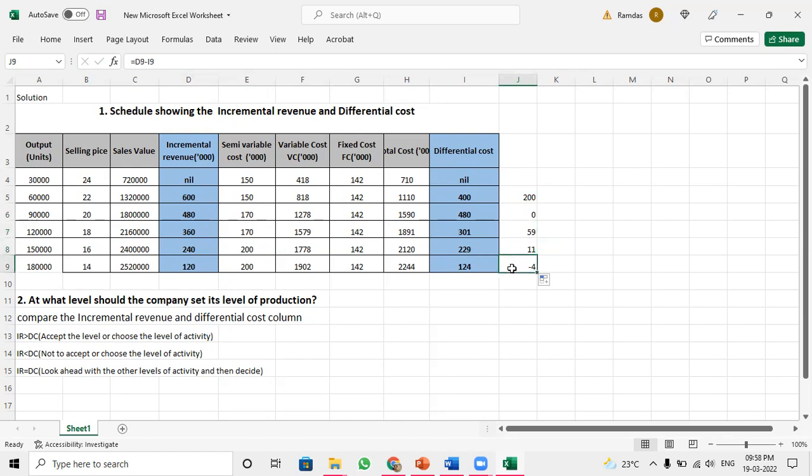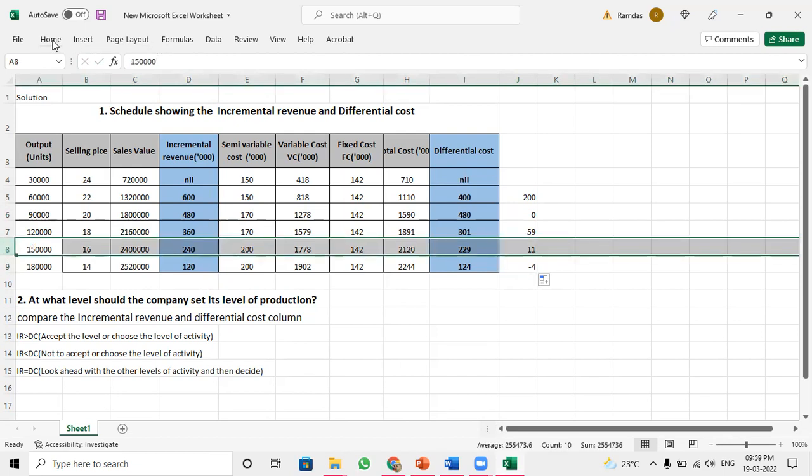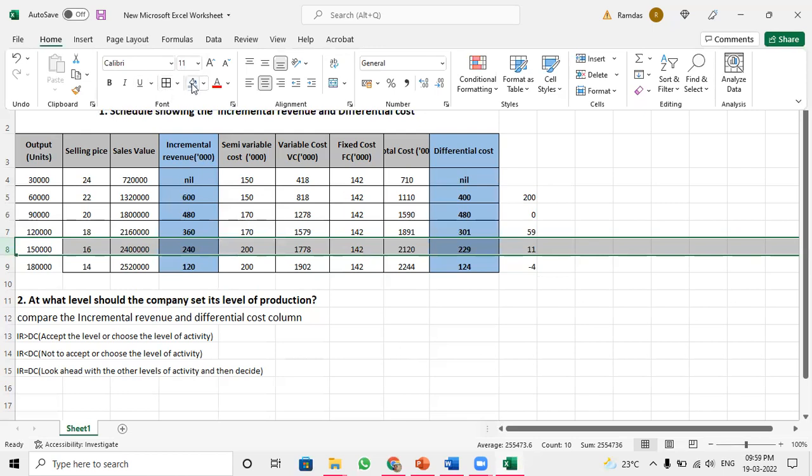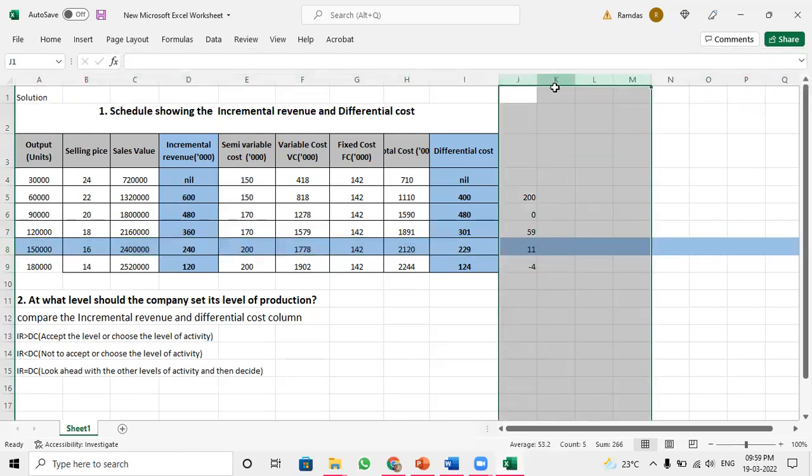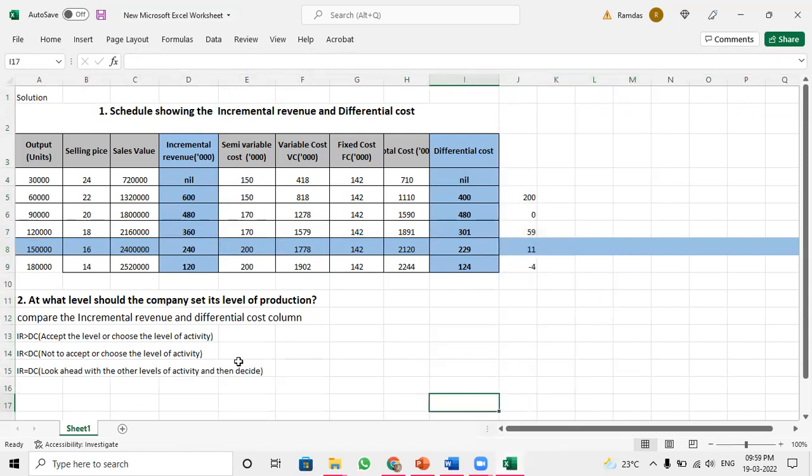But when you come to the last level, you can see that the incremental revenue is lesser than differential cost by 4,000. So it means that you can fix a level of 1,50,000. So this could be the level of activity where you can go for fixing.